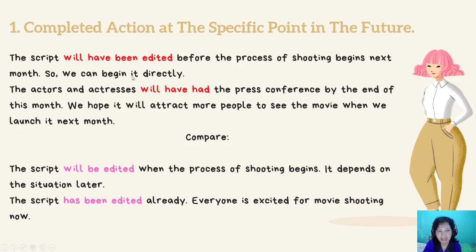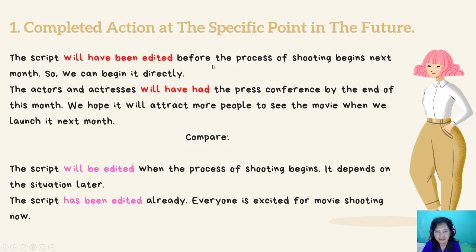So we can begin it directly. The actors and actresses will have had the press conference by the end of this month. The impact, we hope it will attract more people to see the movie when we launch it next month.